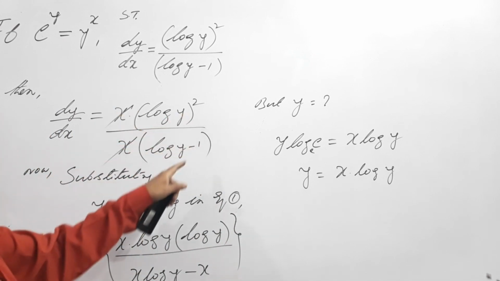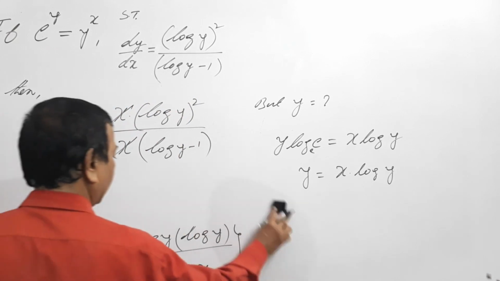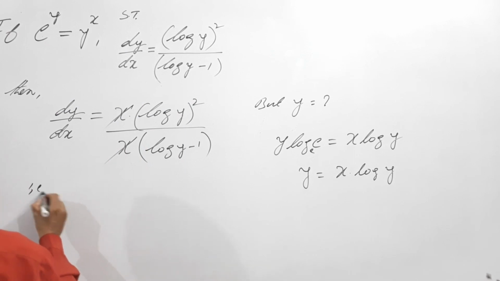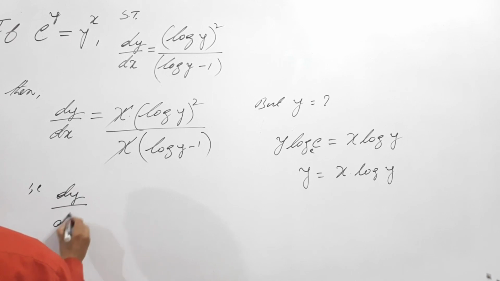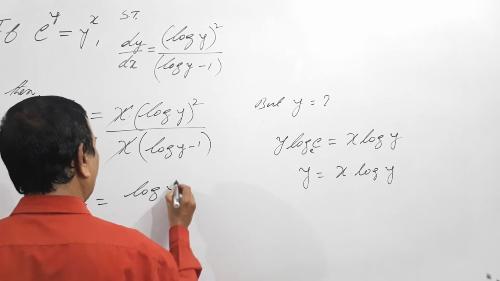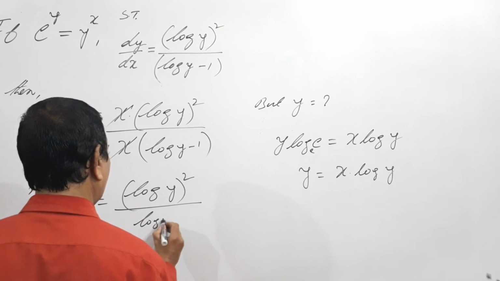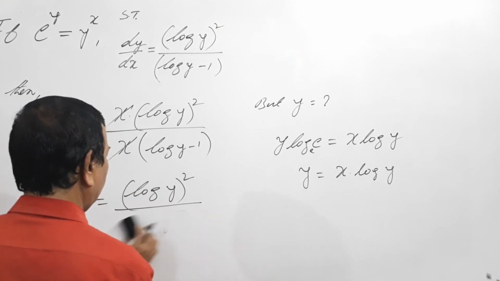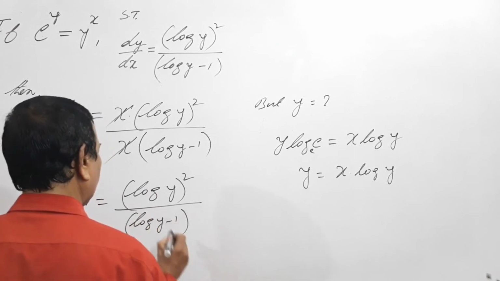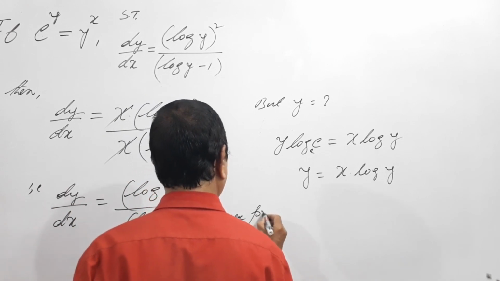So I am left with (log y) whole square divided by log y minus 1, we got it. That is dy by dx equals (log y)² divided by (log y − 1). Hence proved.